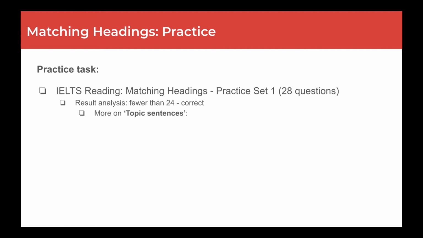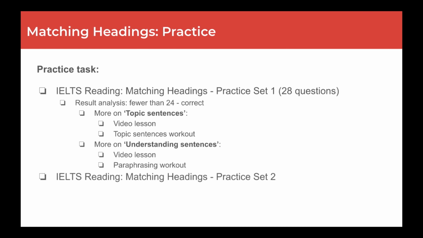You have seen that recognizing topic sentences, especially if you haven't had previous experience within this field, may be difficult and may require some additional knowledge and training to develop skills in understanding sentences. And then you can go back and do another practice set and see how well you have improved your skills.